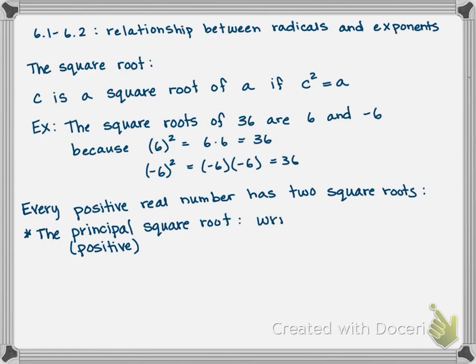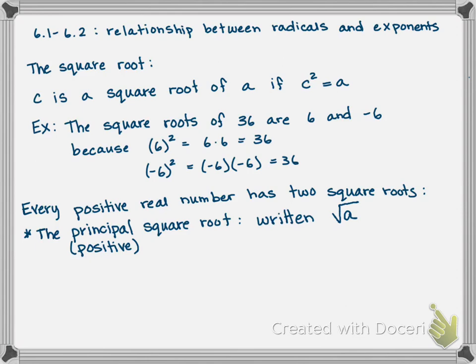And we write this as that symbol. Basically everybody is really lazy about this distinction between the principal square root and the square roots. So when we read that symbol, we typically just read it as the square root of A. What we really mean is the principal square root of A. So that symbol always represents a positive number.